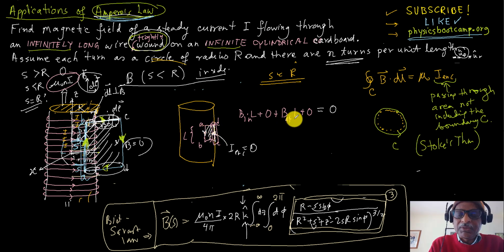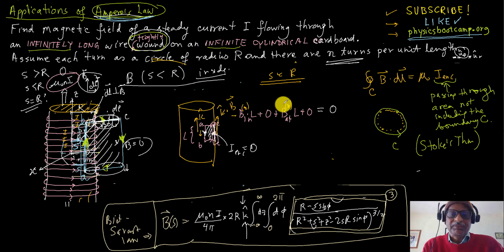L is this way, dL is that way. I made a little bit of a mistake here. This is the k hat direction, so this is k hat dot B. The dL will have a minus here, and we're looking at the Z component.